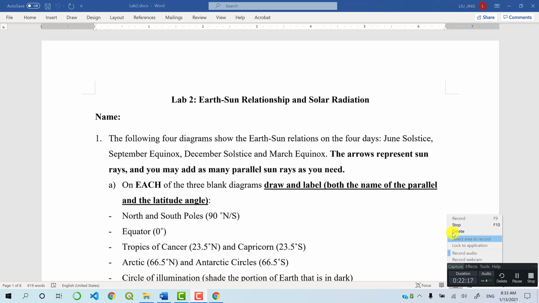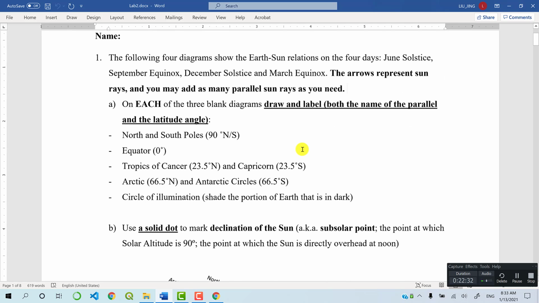We should appreciate our group leaders. They take extra time to try to organize your group meeting to work together. So this is our lab 2. That's it for this lab, and I will see you in the next video.